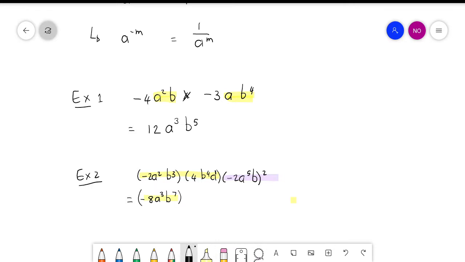Over here, remember, if we have a negative to the power of 2 or 4 or 6 or any even number, it becomes a positive. Right?